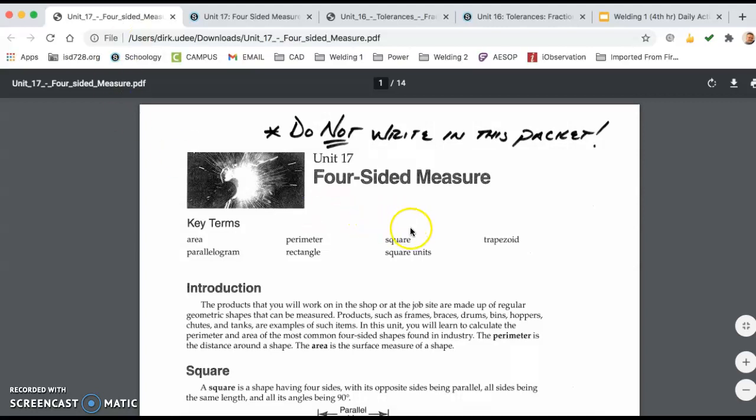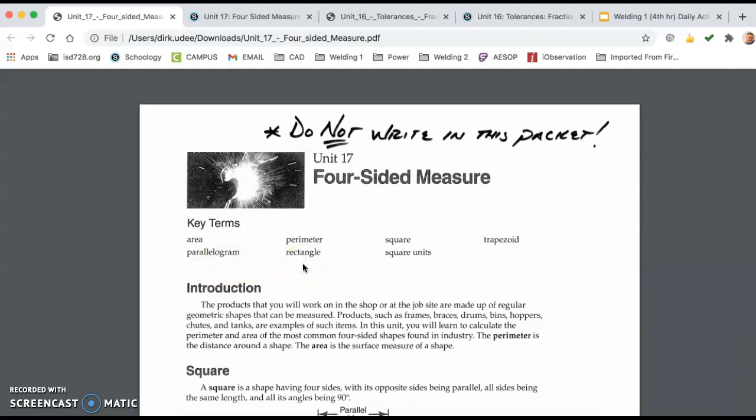We're looking at basic geometry for a square, a trapezoid, a parallelogram, and a rectangle, focusing only on two ways to determine sizes. One being area, which for most will be a length times a width, and a perimeter, taking care of all the sides of that particular shape.